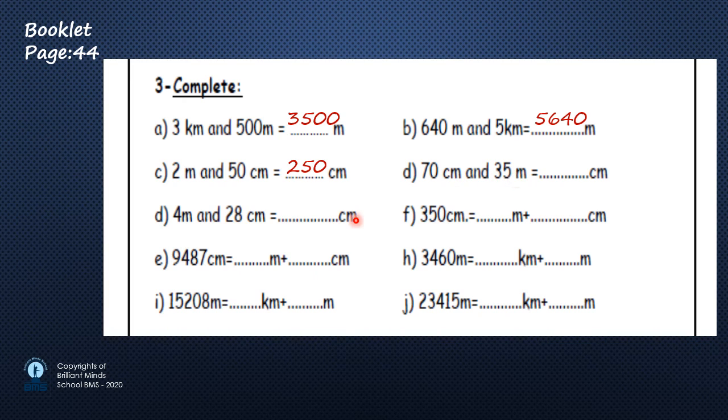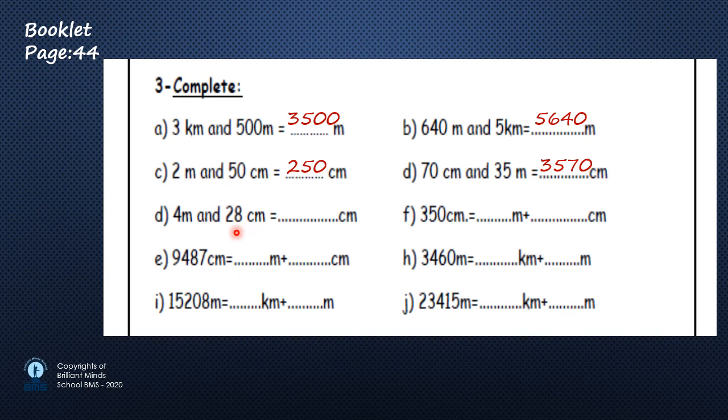It takes 100, 1,000 and 10,000. So we're going to put the 35 in the 100 and the 1,000 and put 70 in units and tens. So the answer will be 3,570.